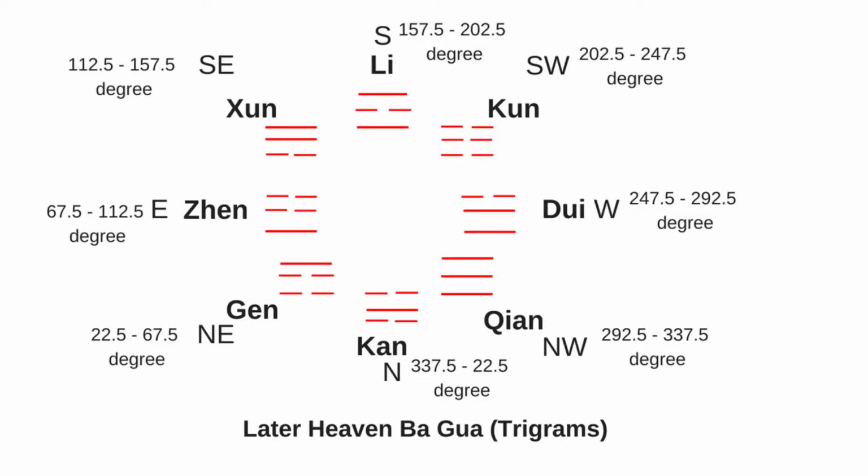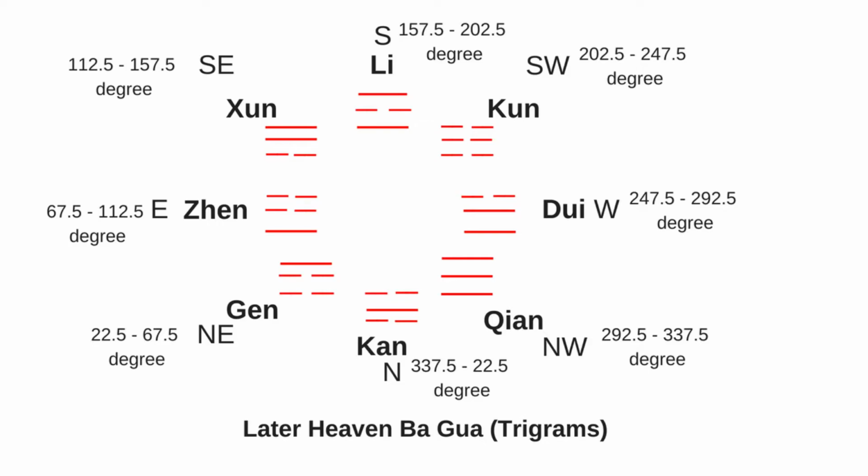In Chinese metaphysics, everything is according to I Ching and Ba Gua. The Ba Gua has 2 types. One is the pre-heaven, the Xian Tian Ba Gua. The other type is the later heaven Ba Gua, the Hou Tian Ba Gua. And in Feng Shui houses, we usually look at the Hou Tian Ba Gua, the later Ba Gua.